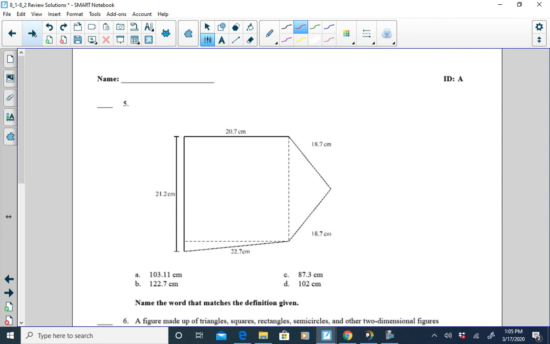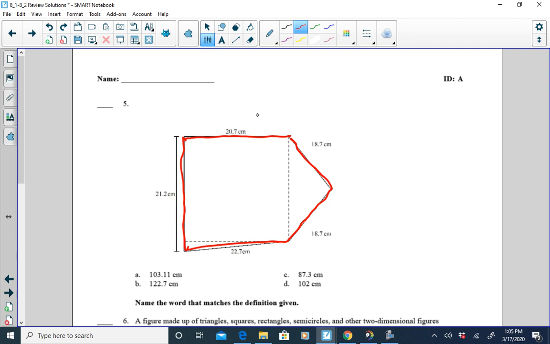Question 5 is actually a lot easier than it looks because we're given the lengths of all of the segments. To find the perimeter, I'd need this distance here, which we know is 21.2, plus this distance here, plus this distance, plus this distance, plus this distance, which we're given. So for problem 5, we just have to add all of those segments together to find the perimeter.